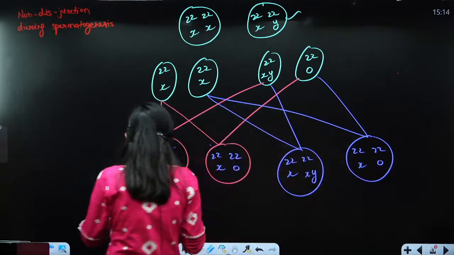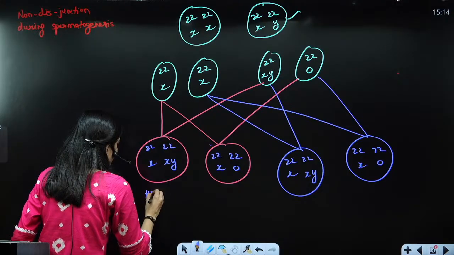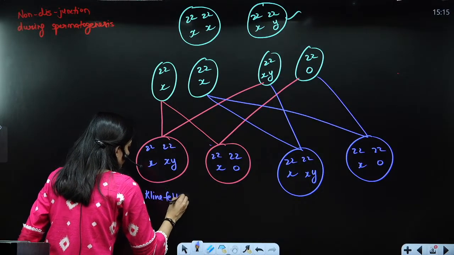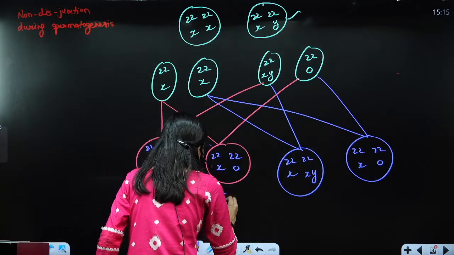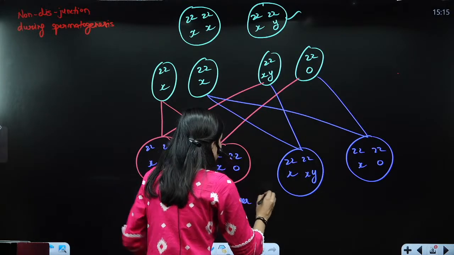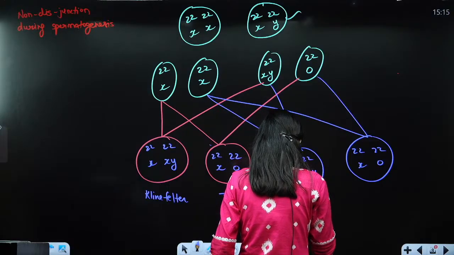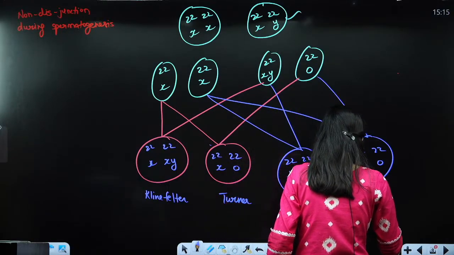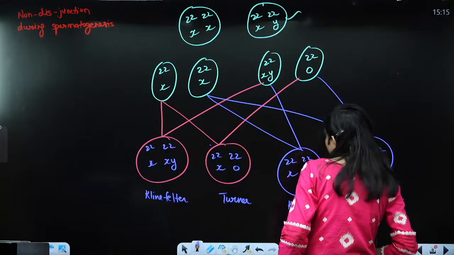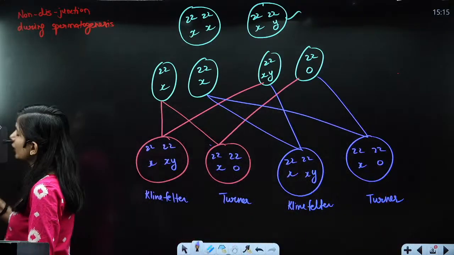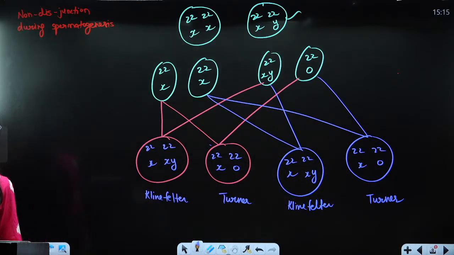It means this is showing what? The Klinefelter syndrome. This one as Turner syndrome. This one again as Klinefelter syndrome. And again this is as Turner syndrome. So that's how this would happen during spermatogenesis, and that's how we used to specify them.